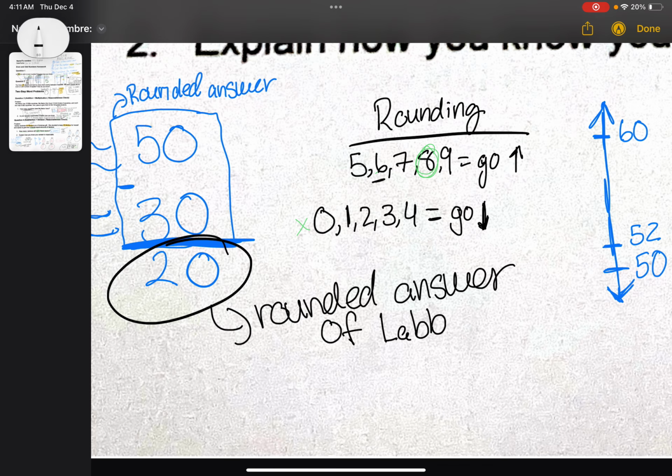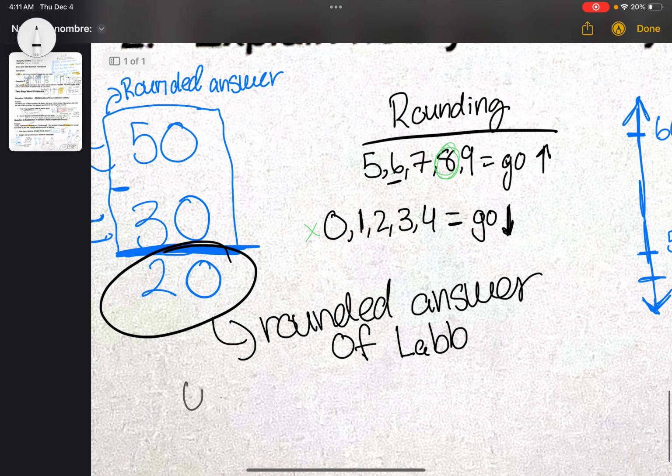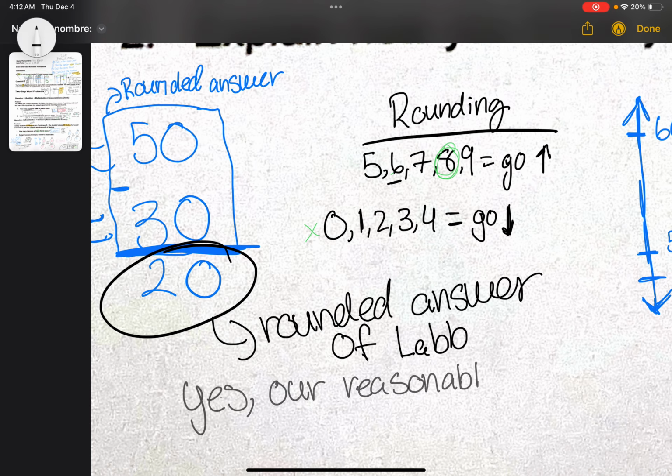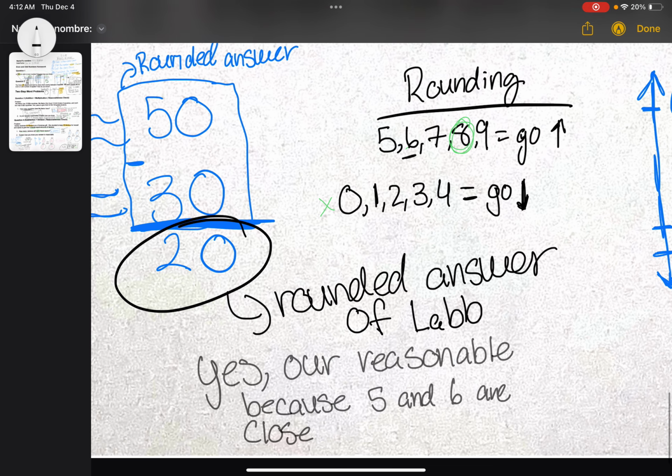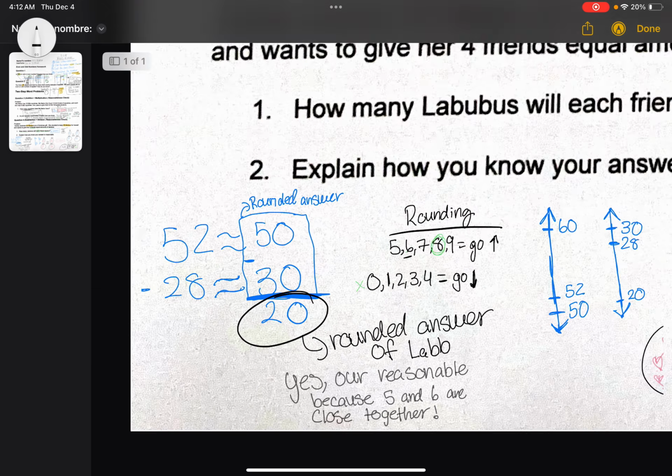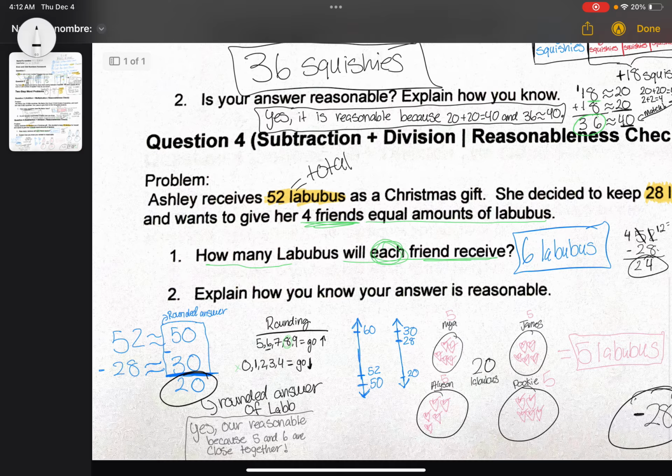Okay, so you're going to write, yes, our answer is reasonable because 5 and 6 are close together. And don't forget to box in our answer.